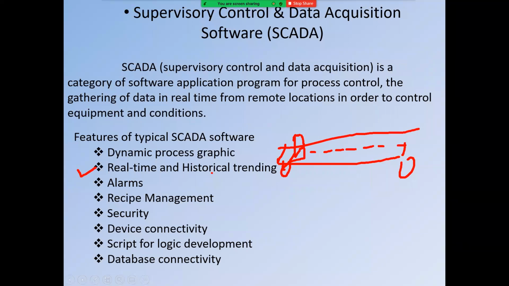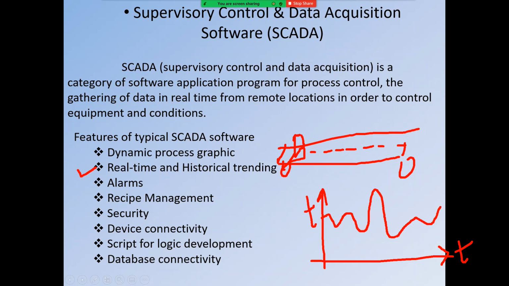It also gives us real time and historical data of, say, temperature, pressure, flow, or speed, in a kind of trend format with respect to time. With respect to time, how my temperature is going. So this is trending data, and it will always show in a graphic. Correct. Then alarms. If any alarm is generated in the system, it will announce it.